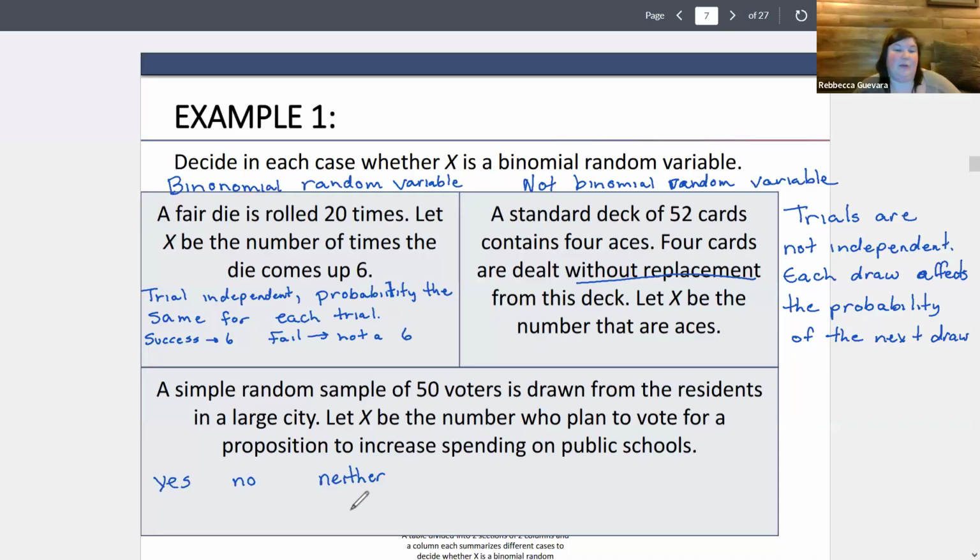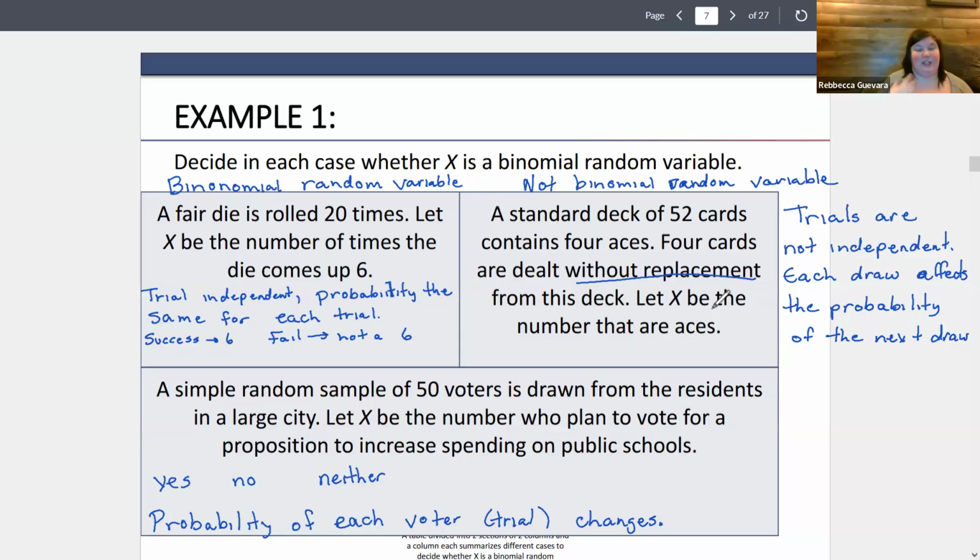Also, the other problem is that for each person who votes, the probability of what they're going to vote for changes too. The probability for each voter, which is my trial, is once again not the same each time.